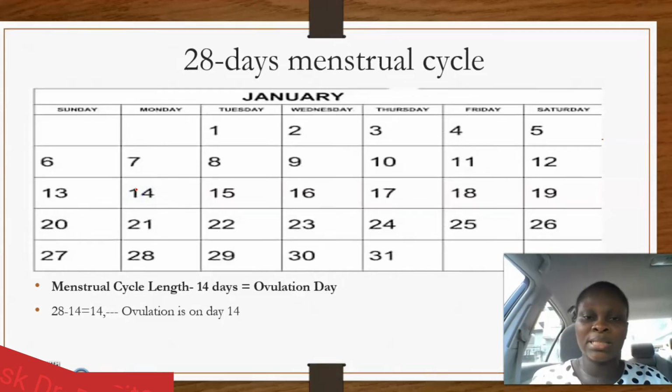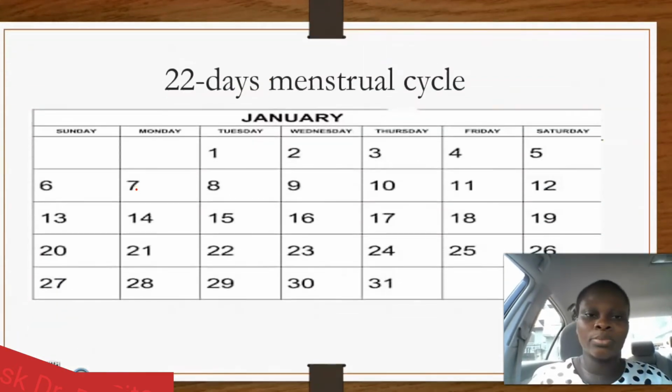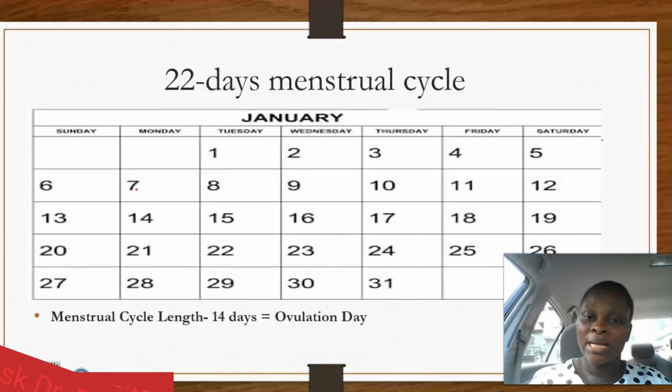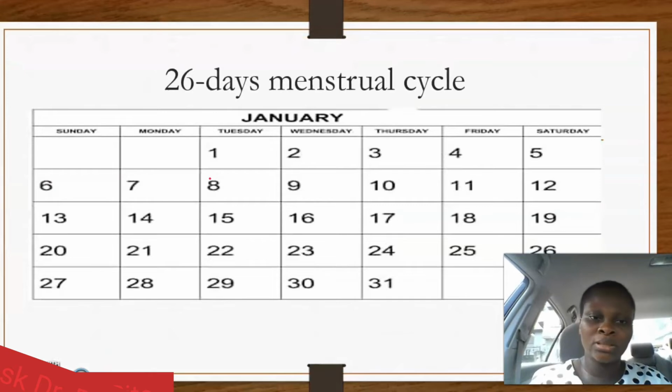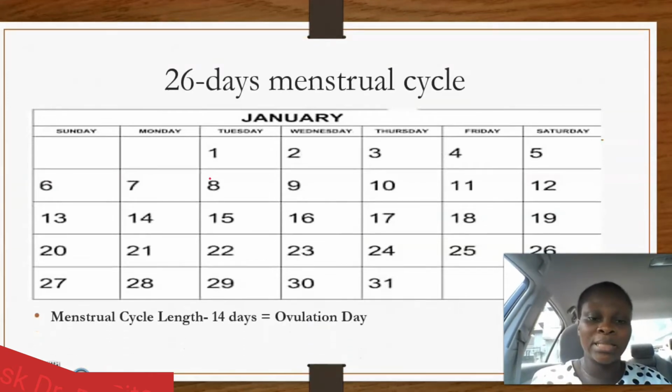As simple as that. Yet another example, a 22-day menstrual cycle. When will the ovulation day fall? Still using our formula, we have 22 minus 14, which gives us day 8. So for a lady having a 22-day menstrual cycle, the ovulation is on day 8. Yet another example, 26-day menstrual cycle length.